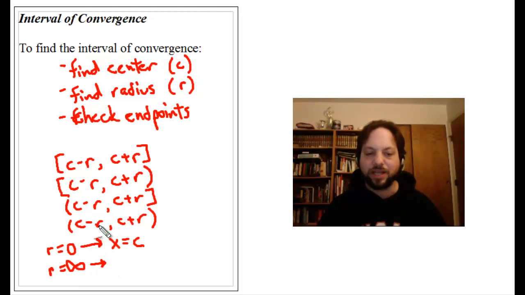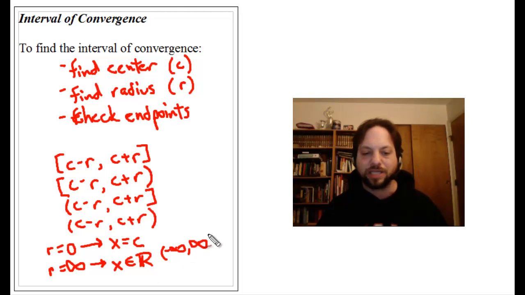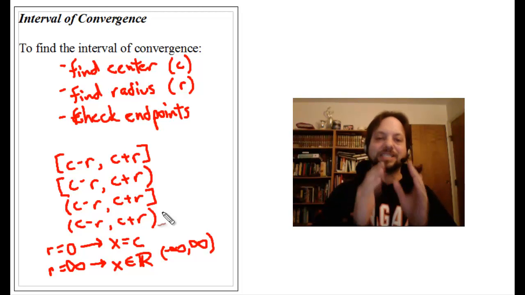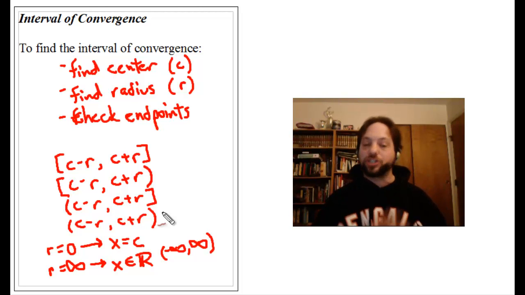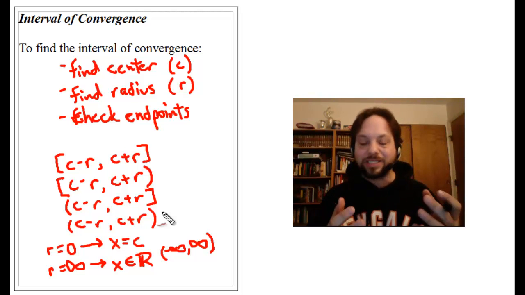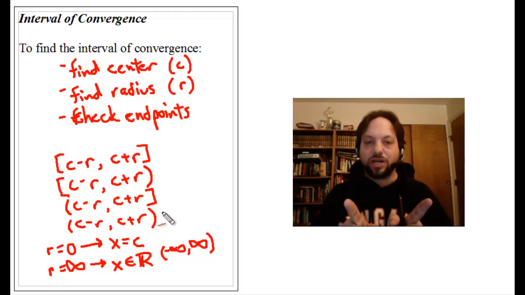If you plug infinity in for r, we'll find that the entire domain is our interval of convergence. In that case, I'm going to say that x is included in the set of real numbers, or you could write negative infinity to positive infinity. Either way will work. So as you can see, there are only 6 different ways that our interval of convergence could look. It all depends upon our center and our radius, and then we check our endpoints.